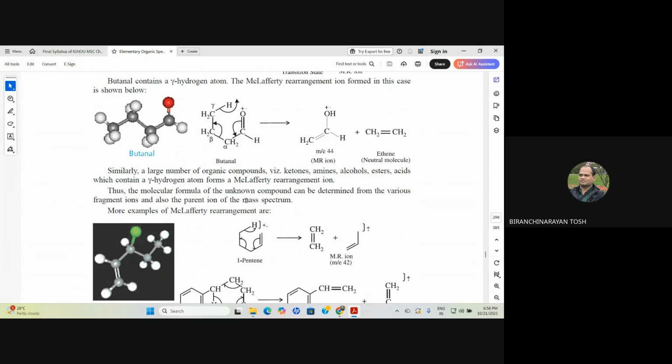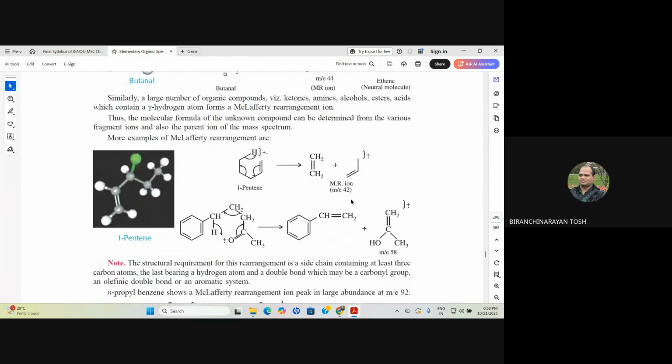Thus, the molecular formula of the unknown compound can be determined from the various fragment ions and also the pattern of the mass spectrum. So you can see here pentene. Pentene undergoes McLafferty rearrangement. The alpha, beta, gamma hydrogen atom is removed, producing cleavage.